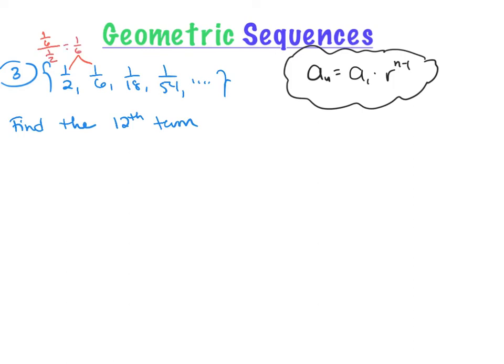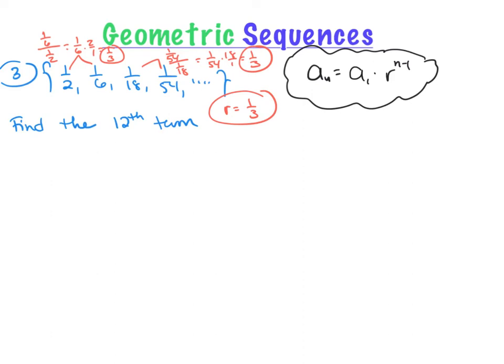So that's 1/6 times 2 over 1, which is 1/3. And then just for the sake of room, let's do these two, 1 over 54 divided by 1/18, which is 1 over 54 times 18 over 1, which is also 1/3. Okay, cool. So our common ratio is 1/3.